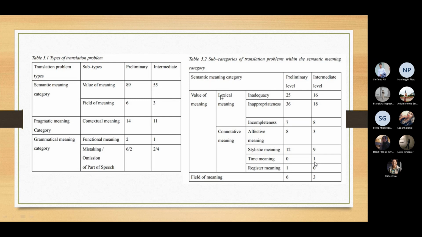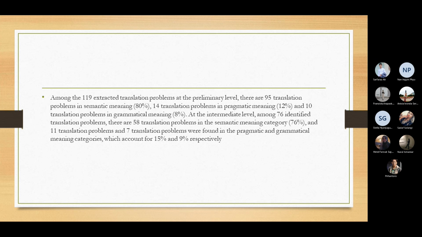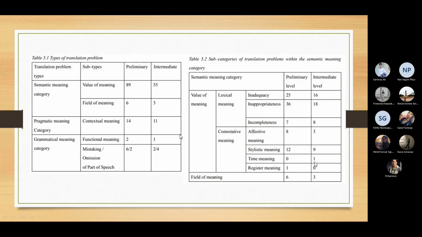And if we look at the second figure, we see that translation problems within the semantic meaning category also occur, such as lexical meaning and connotative meaning, at the primary and intermediate levels. This is just the description of both tables.